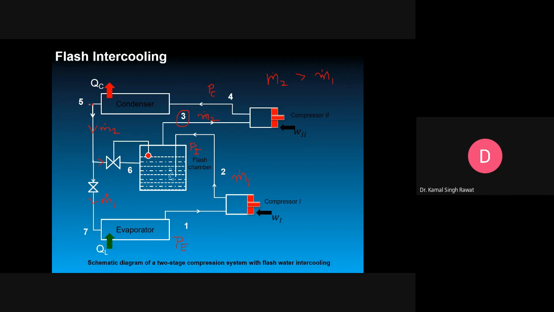Then in process 5 to 7, there is also isenthalpic expansion, and at point 7 the pressure is reduced from condenser pressure to evaporator pressure. At point 7, we have a liquid plus vapor mixture, which enters the evaporator, where it absorbs QL or Q naught amount of heat from the low temperature and produces the refrigerating effect. Due to the heat absorption, the liquid is converted into vapor, so at state 1 we have saturated vapor again.